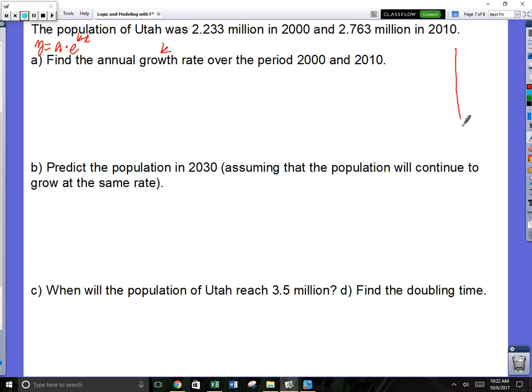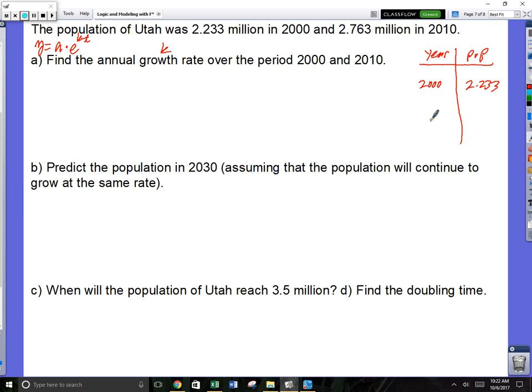Okay, so this is another one where if we use these years, 2000, 2010, I'm going to make it simpler and I'm going to just say the year 2000 is time 0. So the year 2000, this is going to be my population. The year 2000, I had 2.233, and this is millions.